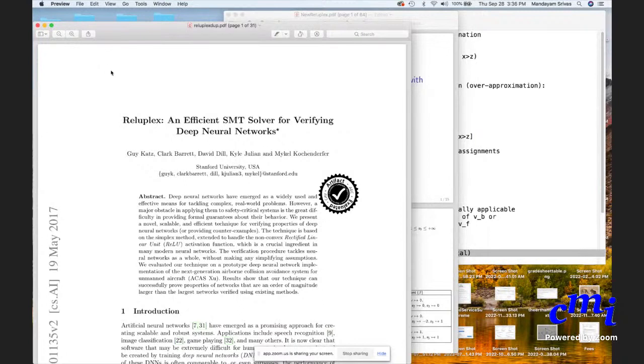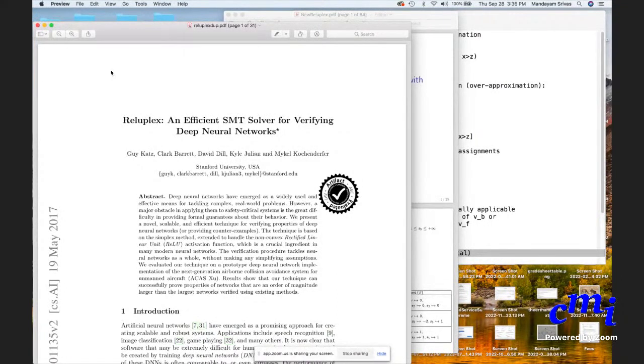But before that, there is a slight difference in the way simplex is presented in this paper compared to the way I presented it in the last lecture. So I want to show the difference.